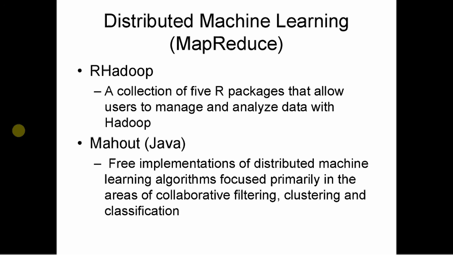Mahout is a free implementation of distributed machine learning algorithms, focused primarily on the areas of collaborative filtering, clustering, and classification. Here, for the convenience of this project, I used R-Hadoop to implement the KNN.